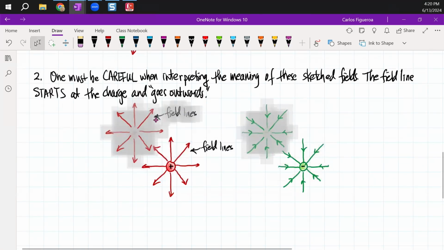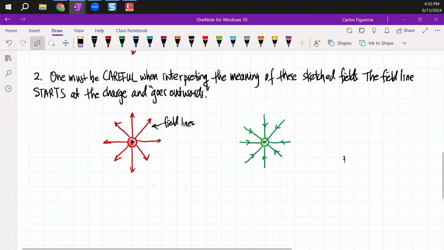Why am I saying that that's tricky? It's because of the language that people use. They'll say that the positive charge here is a source, like somehow it's emitting field lines like a source of water, and that the negative charge is a sink. Everything is flowing into it. That's incorrect. And like I said, it's dangerous to think that way.